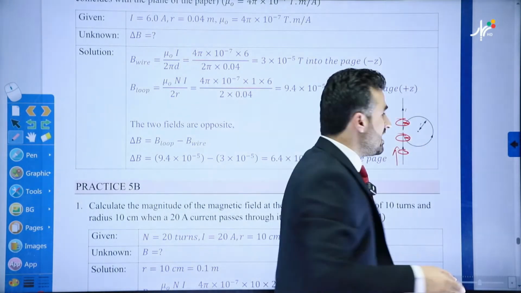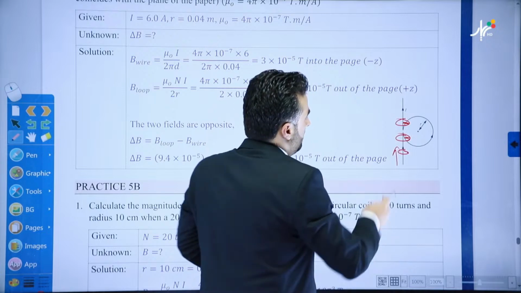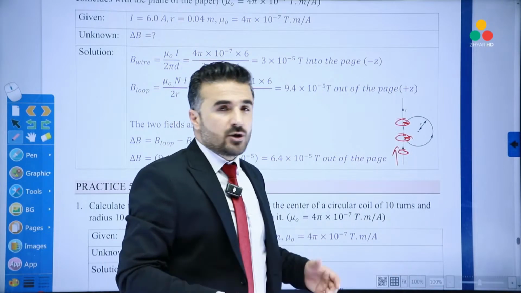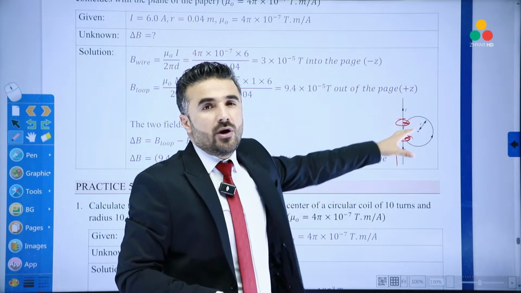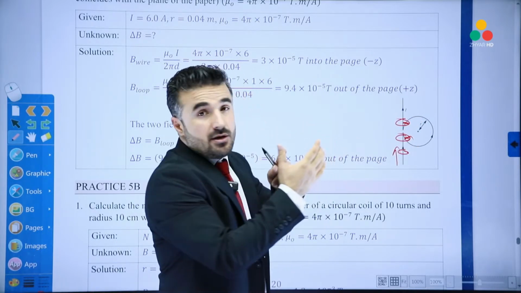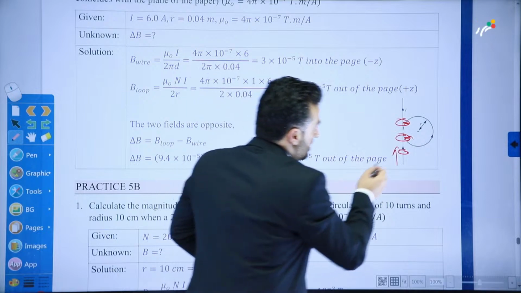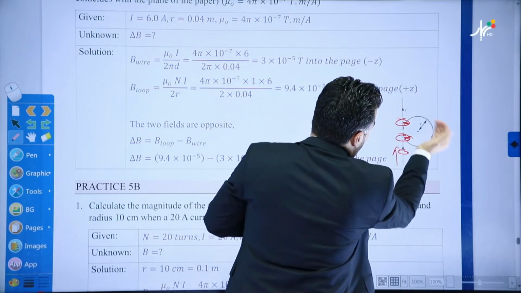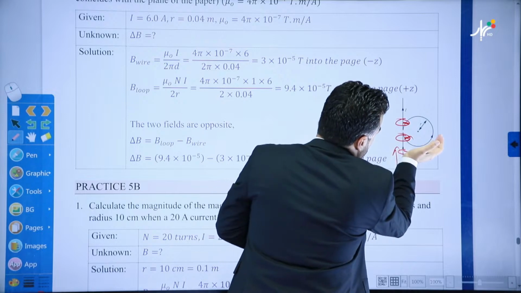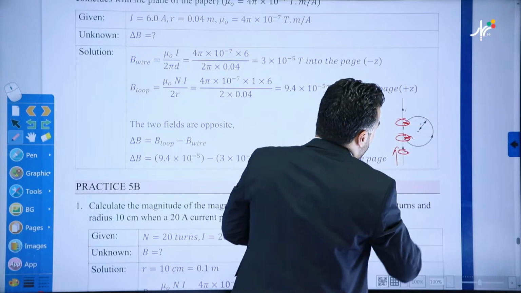But do you remember how you can find the direction of the magnetic field inside a coil? We said your fingers should be in the same direction as the current, then your thumb points in the direction of the magnetic field. So if that is the case, it is counterclockwise, and the magnetic field is out of the coil here.